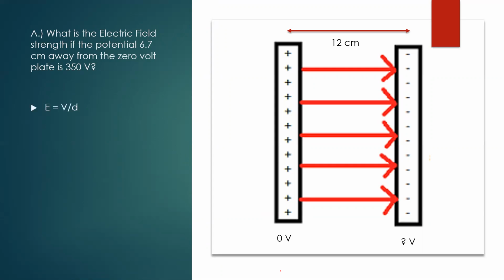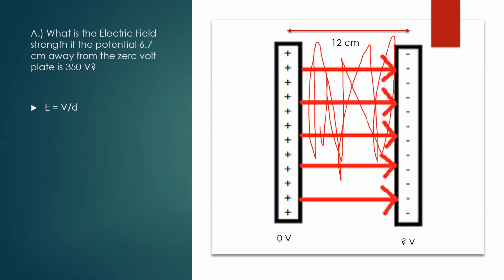We're going to use the equation from two slides ago: the electric field strength equals the change in voltage over the distance. The good thing is that the electric field strength doesn't change within this field, so it's the same throughout. The distance equals 6.7 centimeters, and the voltage equals 350 volts.